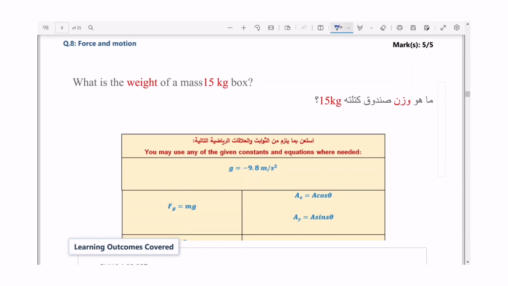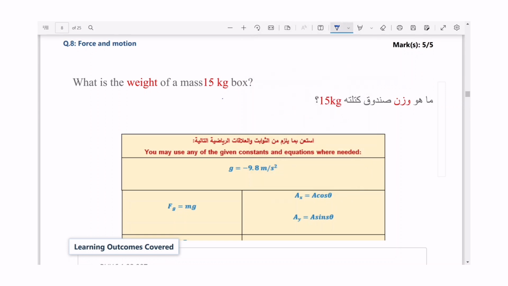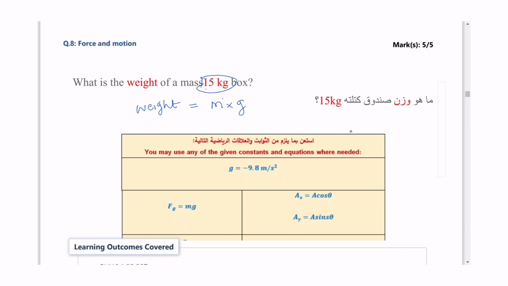What is the equation to calculate weight? You can calculate weight using the equation weight is equal to mass multiplied by g, right? Weight is mg. What is the value of g on the surface of Earth? g will always be equal to 9.8 or 9.81.